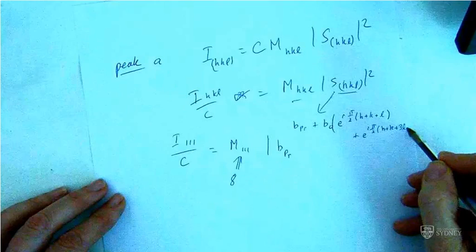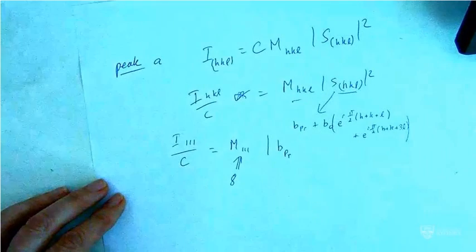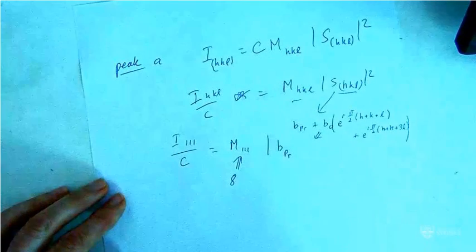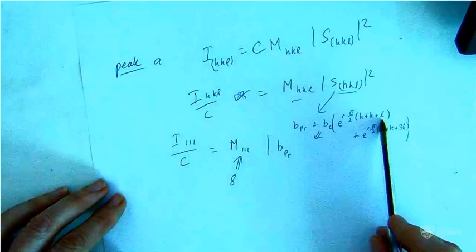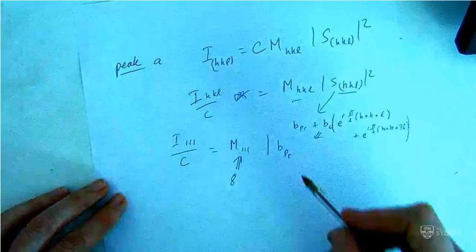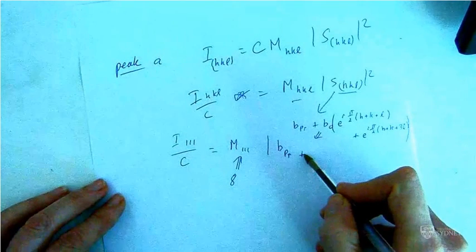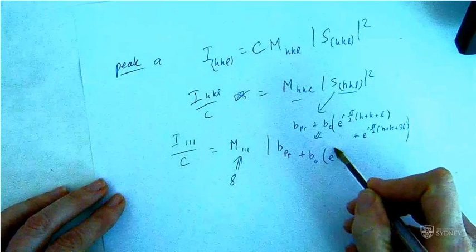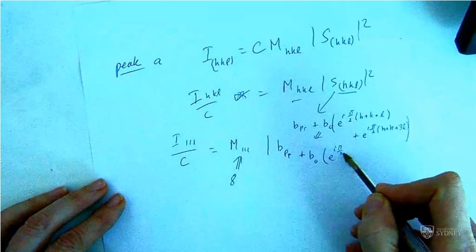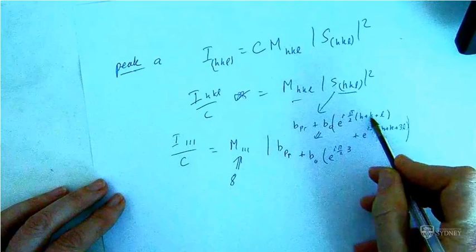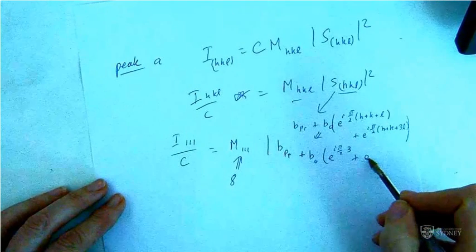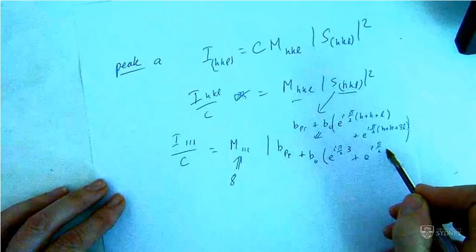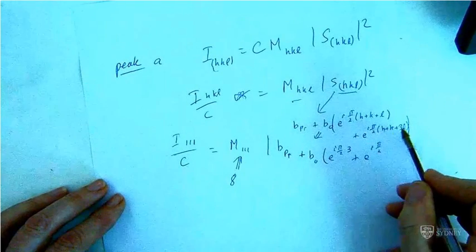That's the position of the atoms. So when we substitute in the hkl, 1, 1, 1, we get e to the i pi on 2 times 3, plus e to the i pi on 2 times 5, there.